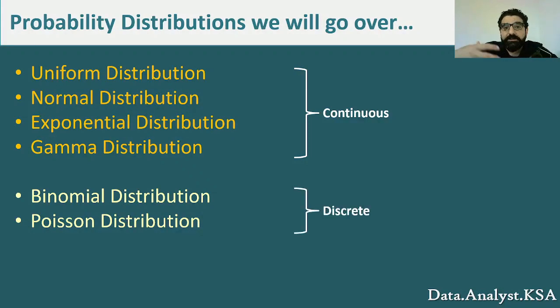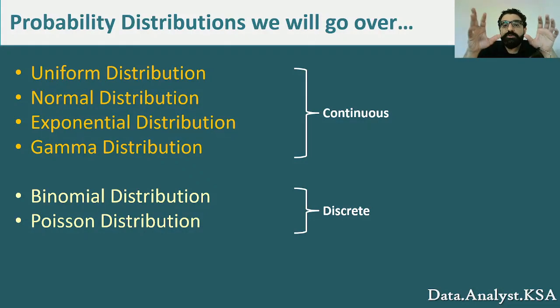So if you think about it, our random variable is the measure that we are actually trying to model. So let's say, for example, it's height. Height is a continuous variable, so it will fall under the continuous random variable distributions. But if we were, for example, trying to model counts, so we are counting the number of goals or the number of successes or the number of, let's say, cured patients, then we're talking about 1, 2, 3, 4, so we're talking about discrete.